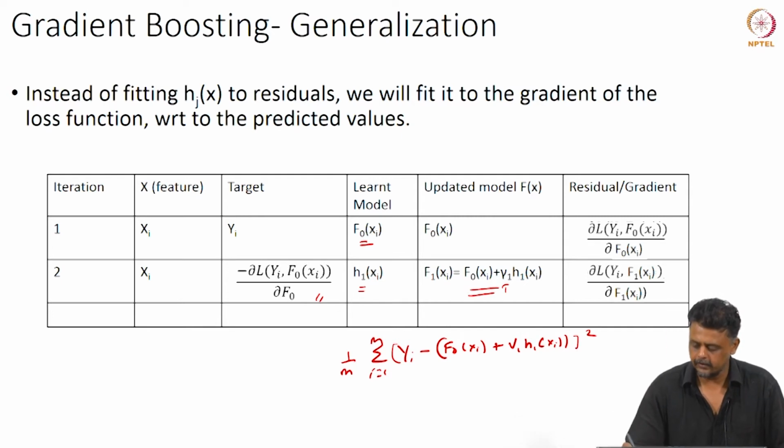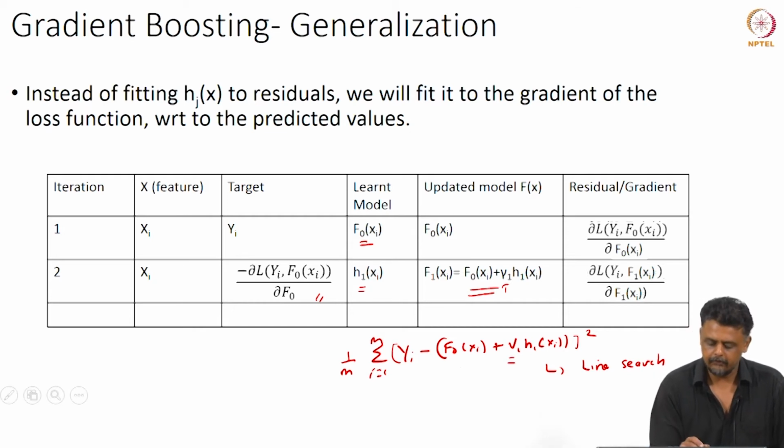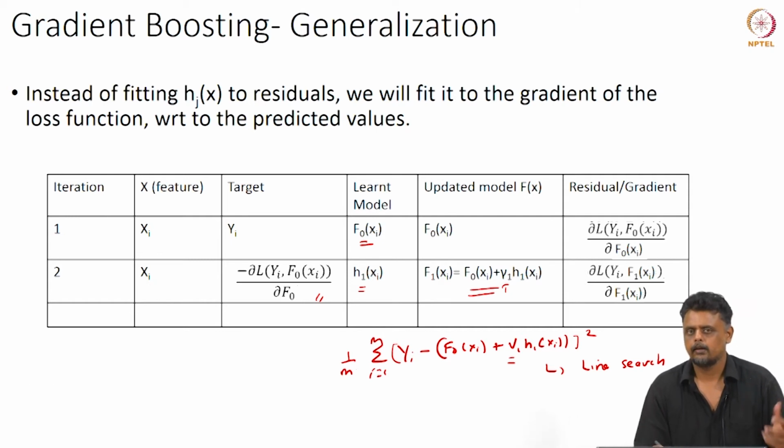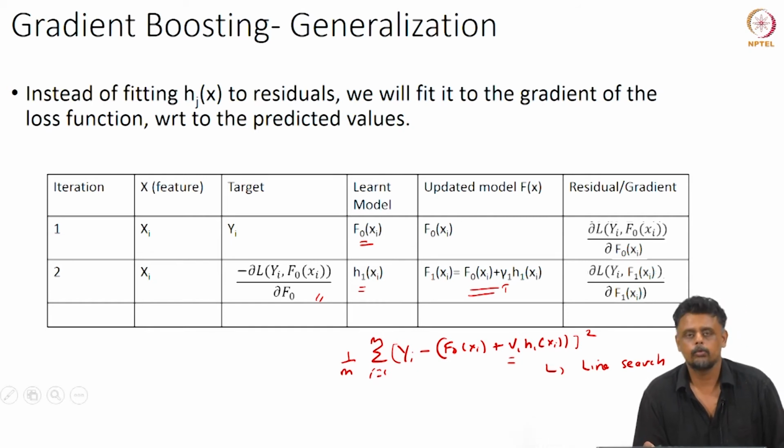This is done using an algorithm called line search, a simple algorithm which I will not go through right now. Think of it as another optimization problem you have to solve in order to estimate this new nu. The reason we have to do that, recall, is that we have fit xi to the gradient of the loss function with respect to the prediction from the previous iteration. So you can think of this as a correction that we make to improve the prediction a bit.